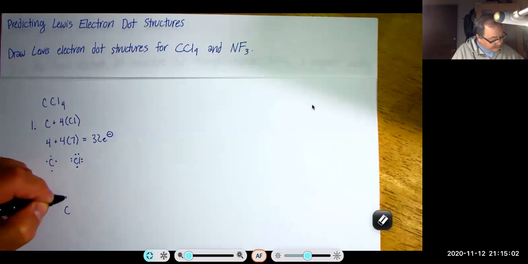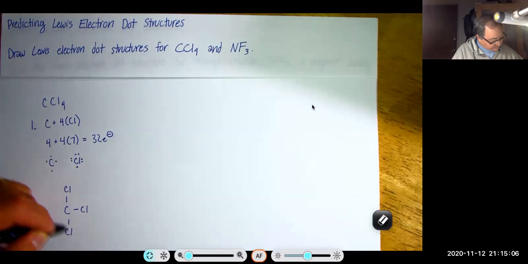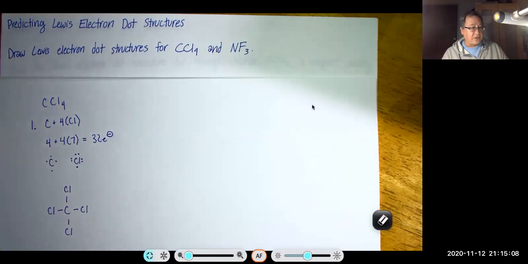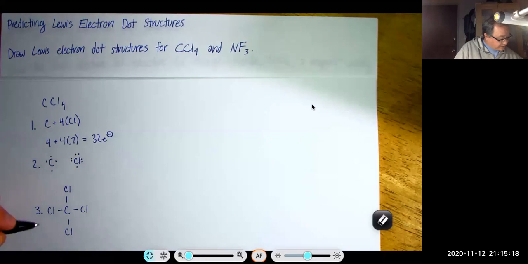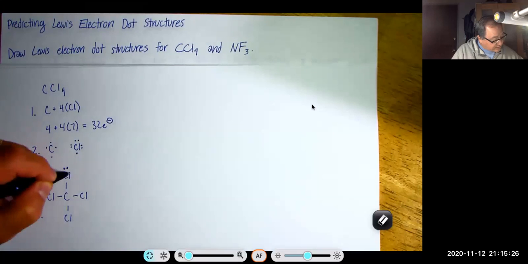And you put the rest of the atoms around carbon with a single bond to them. So that's going to be our central atom. So that's number 2. And then number 3, you place the rest of the atoms around the central atom. And then this is also going to be number 4, because we're going to put lone pairs on the atoms surrounding the central atom until you get an octet.